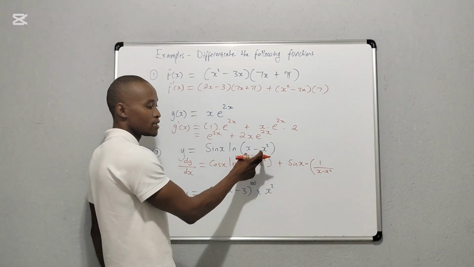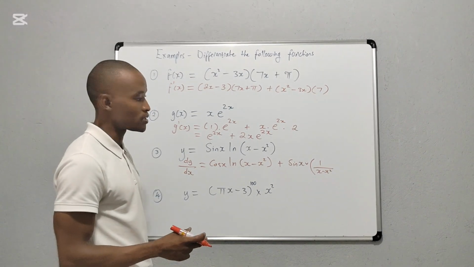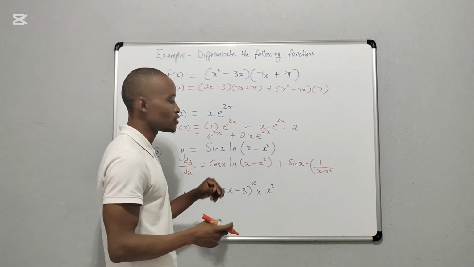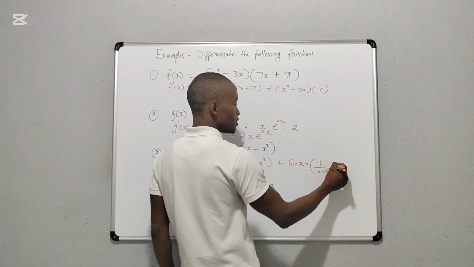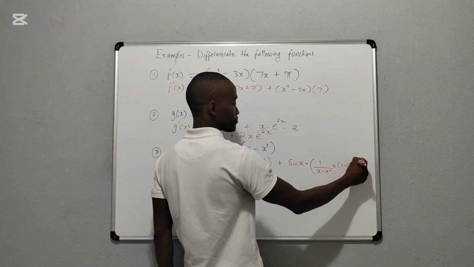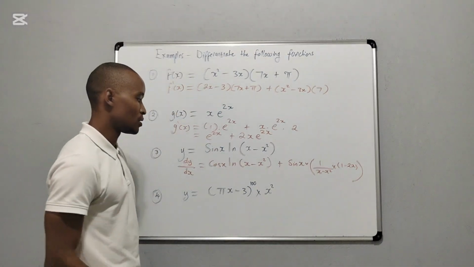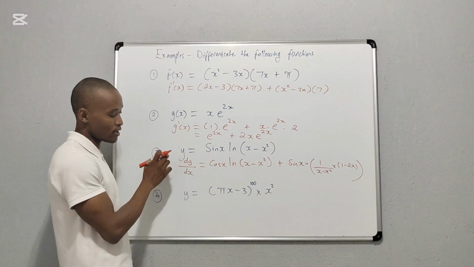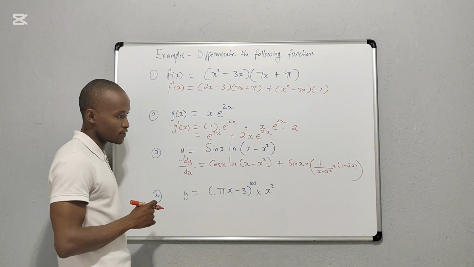But the inner function here is not just x, so it's x minus x squared. When you differentiate that using the chain rule now, you end up with 1 minus 2x. And that becomes the expression that describes the derivative for this function.